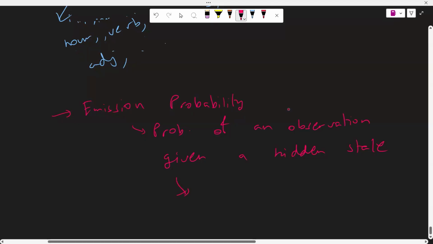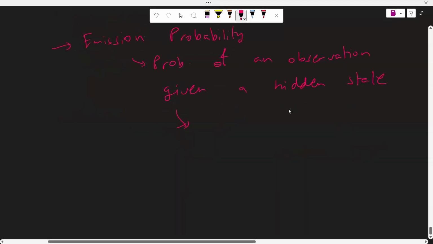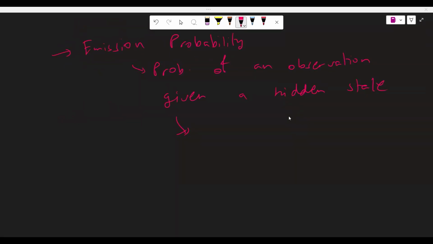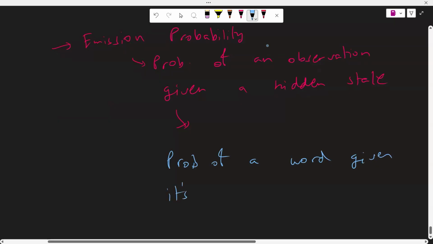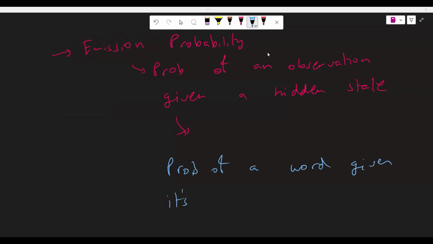Okay, which in our example converts to: what is the probability of a word given its hidden state, so given its POS tag.